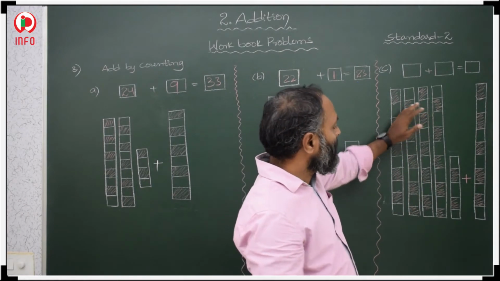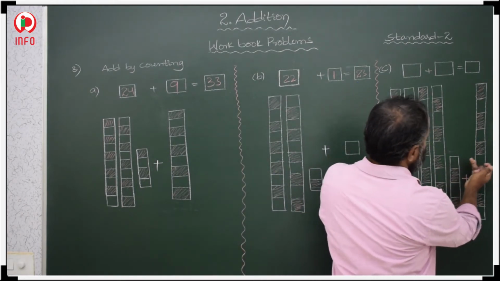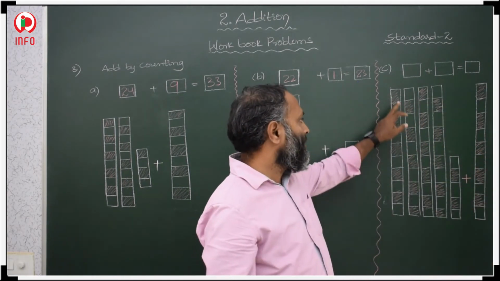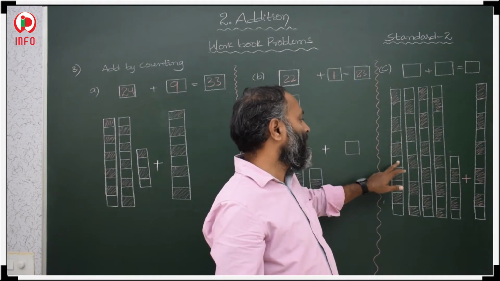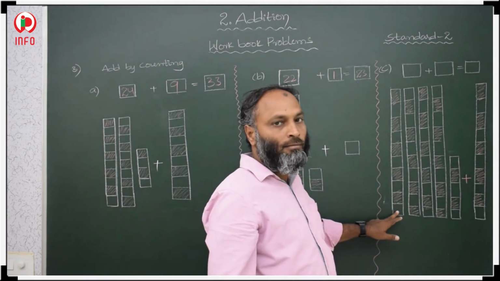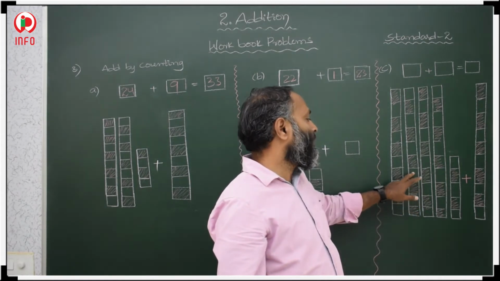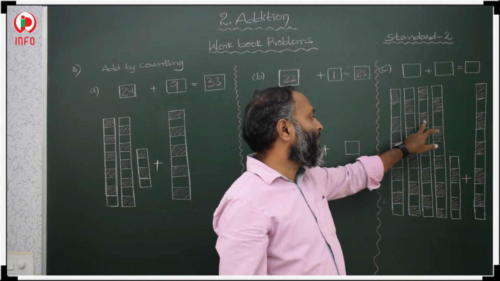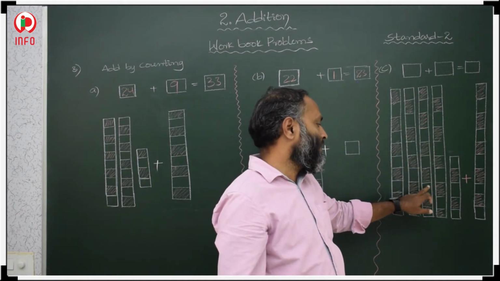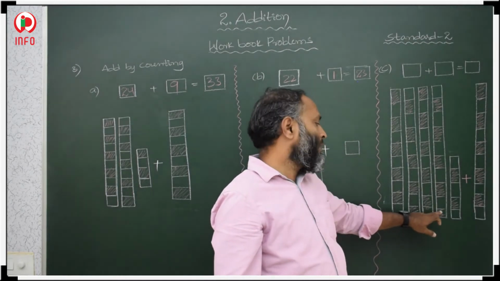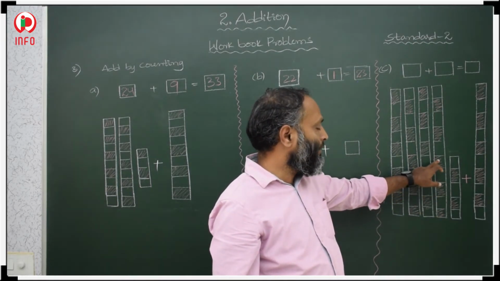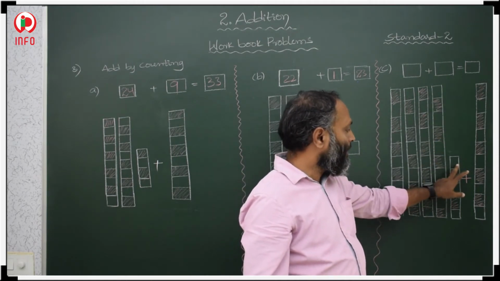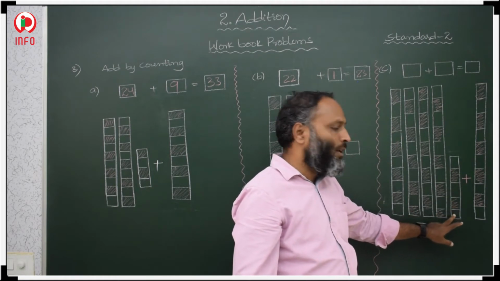In the third, here see, this completes our first set and this is our second set. Now you count the first set: 1, 2, 3, 4, 5, 6, 7, 8, 9, 10, 11, 12, 13, 14, 15, 16, 17, 18, 19, 20, 21, 22, 23, 24, 25, 26, 27, 28, 29, 30, 31, 32, 33, 34, 35, 36, 37, 38, 39, 40, 41, 42, 43, 44, 45.